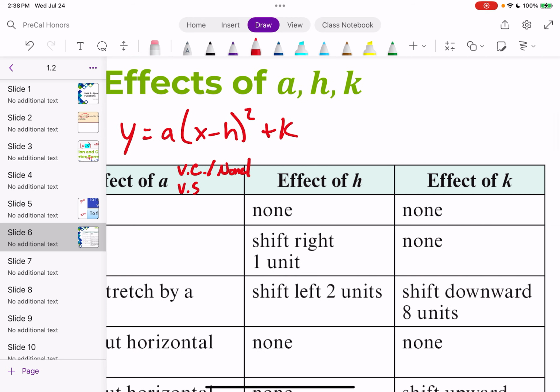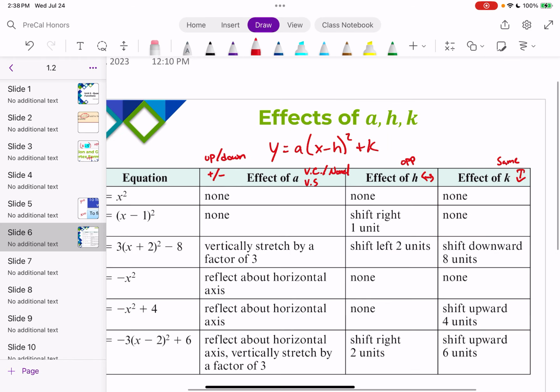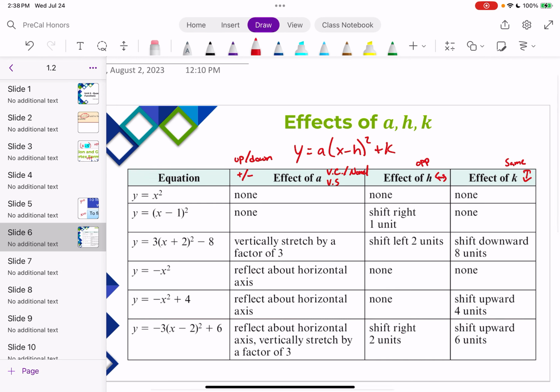Our effect for H is going to be if it's moving left or right. And remember, that's always the opposite. Our K is going to go up and down, and that's always going to be the same. We have to be able to understand each one of these equations and see exactly what part of the equation we are looking at.